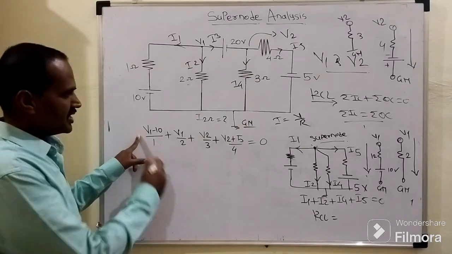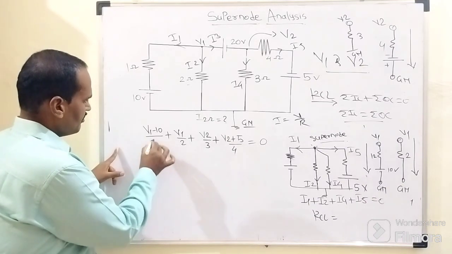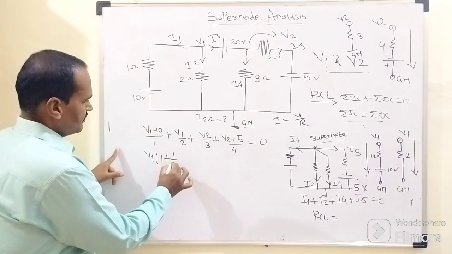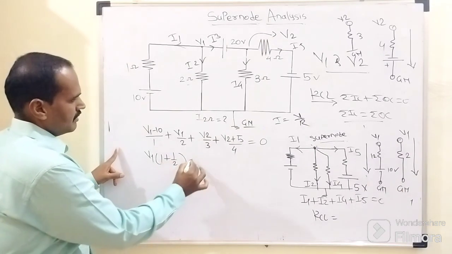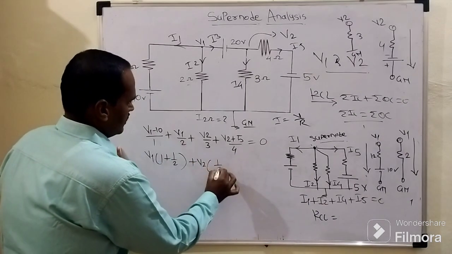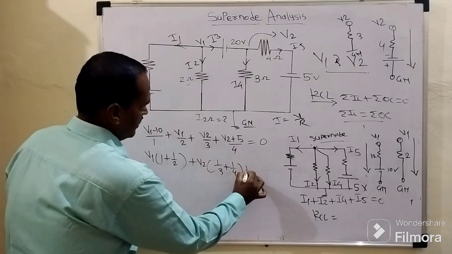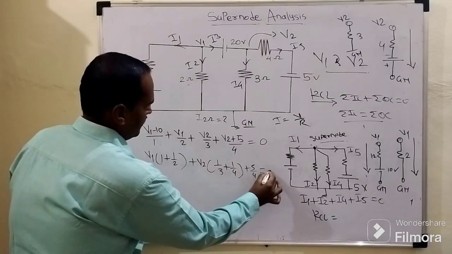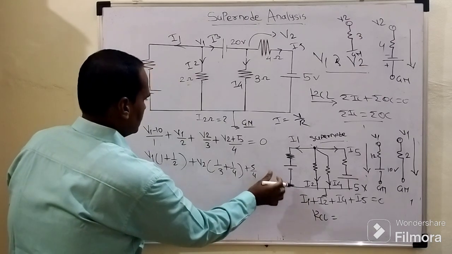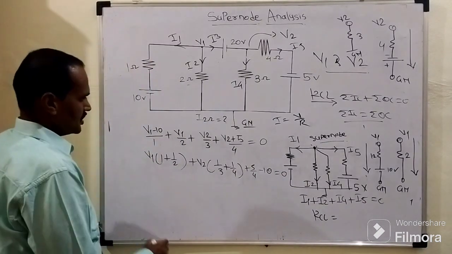As a result of simplification we need to collect the terms belonging to V1 and V2. How many terms do we have belonging to V1? 1 plus 1 half, right, plus the terms belonging to V2: 1 over 3 plus 1 over 4, plus the remaining term 5 by 4, minus 10 equals 0, right.